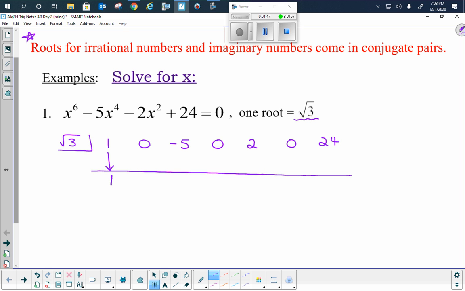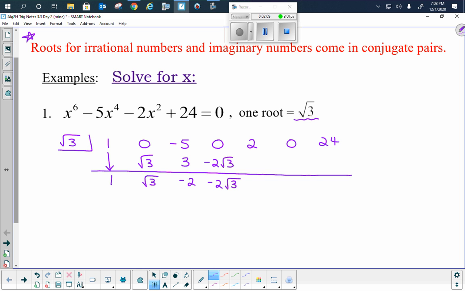Drop this. 1 times √3 is √3. Add straight down, √3. √3 times √3, 3. Add straight down to get -2. -2 times √3 is -2√3. Add straight down. Okay, √3 times -2√3.